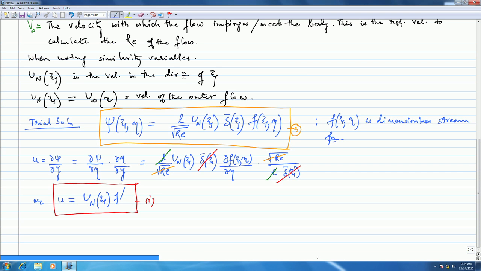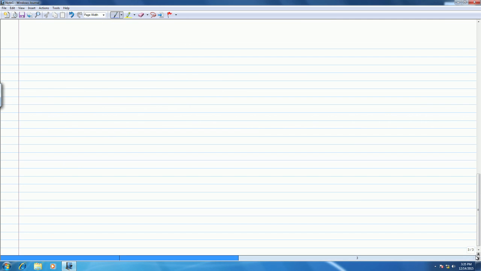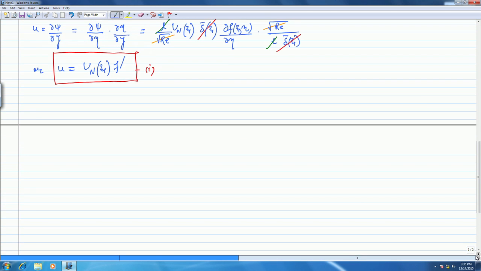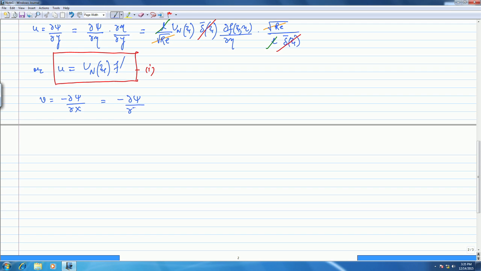Okay. So the next step again is to do it for the V, right? And the V is essentially minus del psi by del x, right? Which is minus del psi by del zeta, del zeta by del x, right?